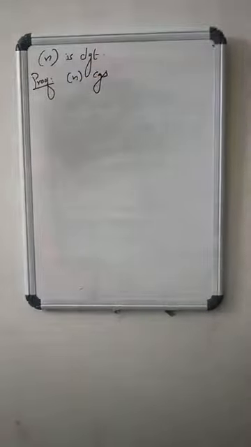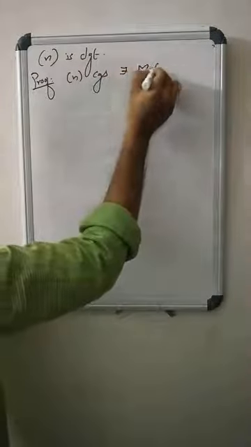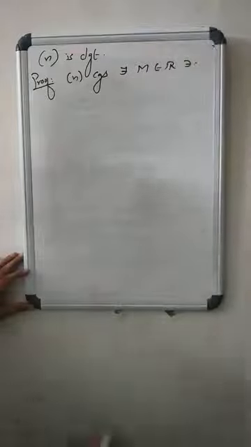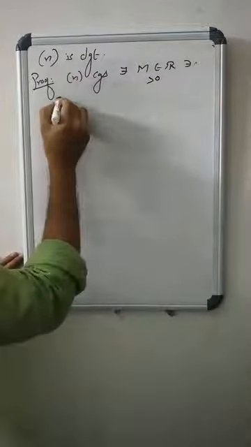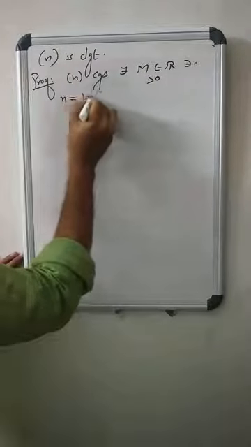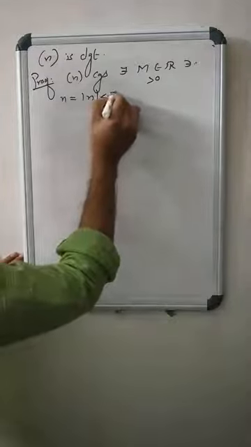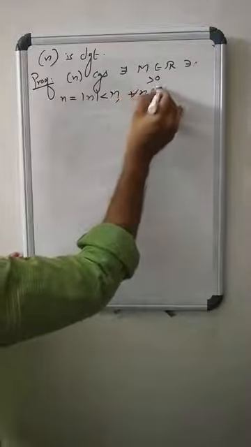The sequence n converges means there exists a real number M greater than 0 such that modulus of n is strictly less than M for all n.